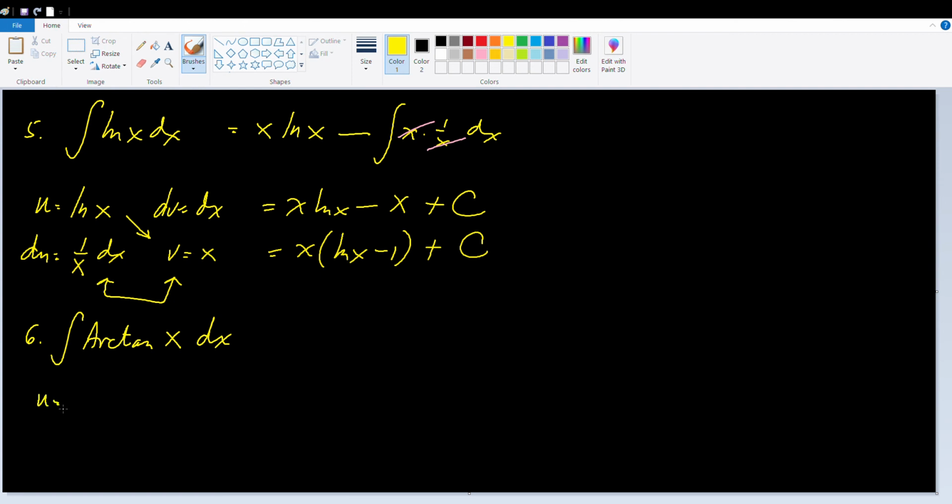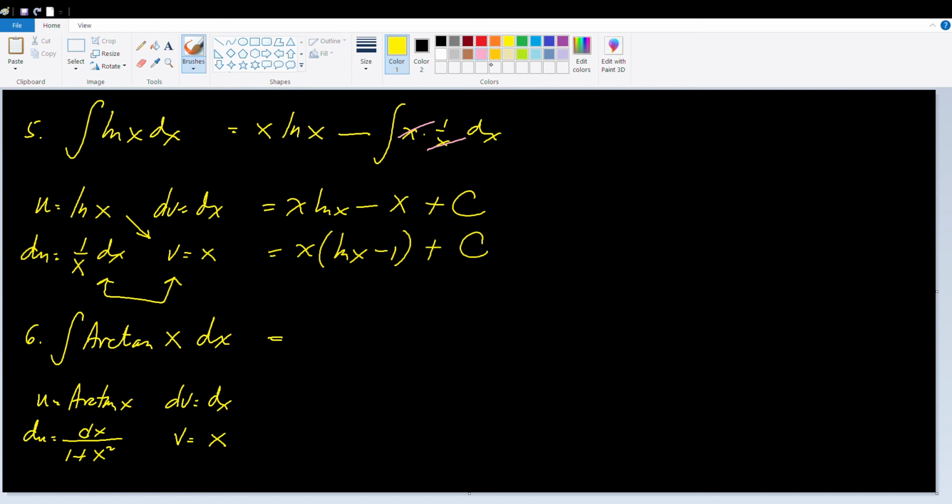So our u is arctan of x, dv is dx. Then du, what is the derivative of arctangent x? 1 over 1 plus x squared dx. And then v is the integral of dx, which is x.